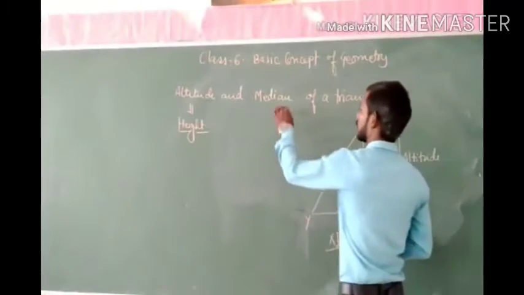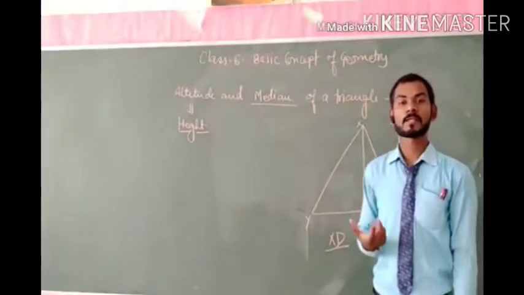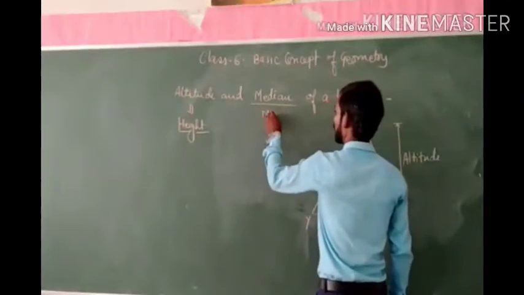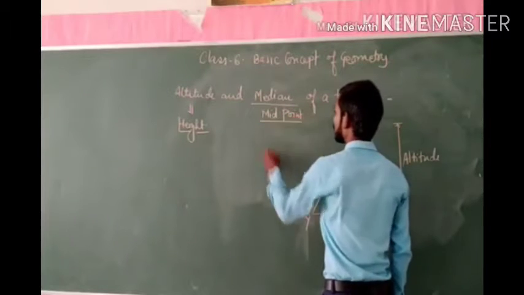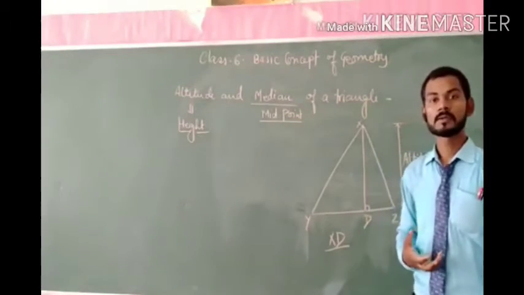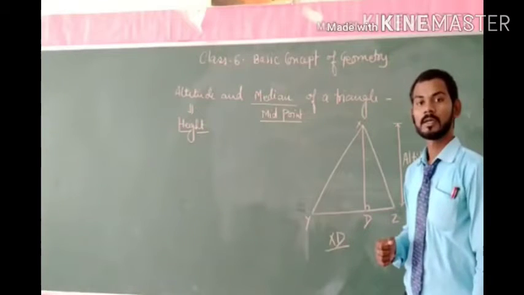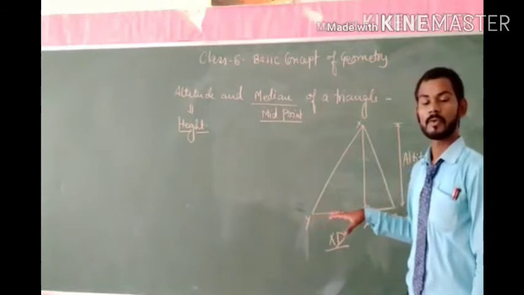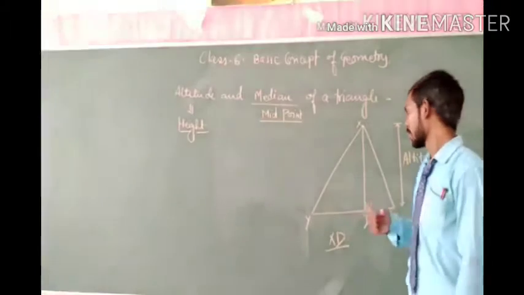Now let us see the next one, the median of the triangle. What do we mean by the median? The meaning of median is midpoint. That means a line segment which divides any side of the triangle into two equal parts, and passes through the vertex, is called the median of the triangle.